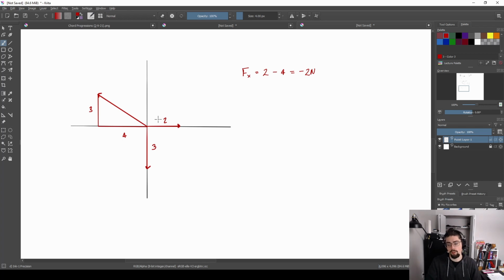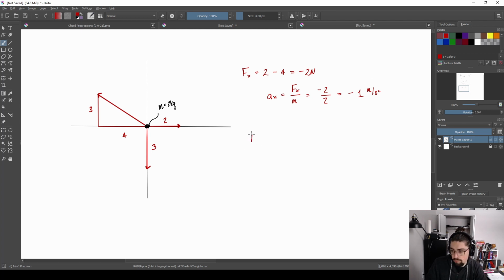What I have to do is say, hey, this object that I actually have in the middle has a mass of 2 kilograms. I know that F is equal to ma, or a of x is equal to F of x divided by m. Negative 2 divided by the 2 kilograms should give me a net acceleration in the x direction of negative 1 meters per second squared.